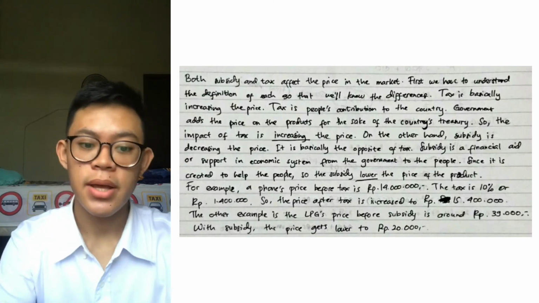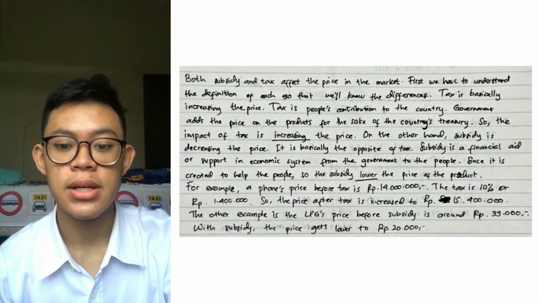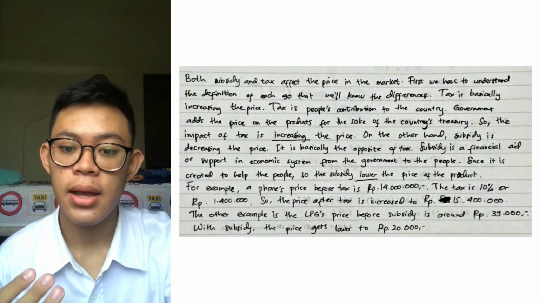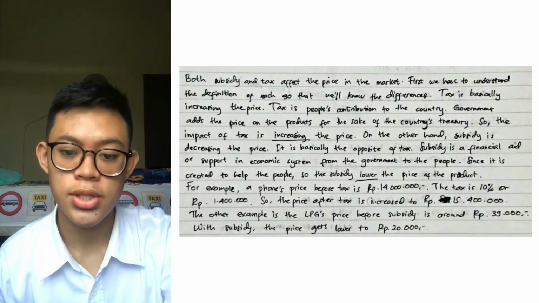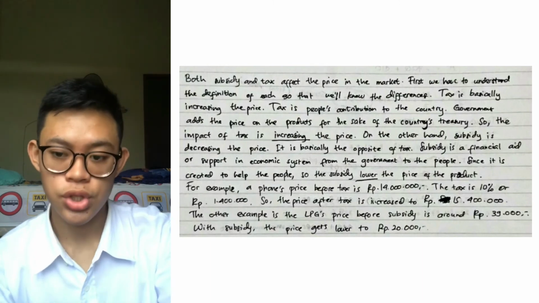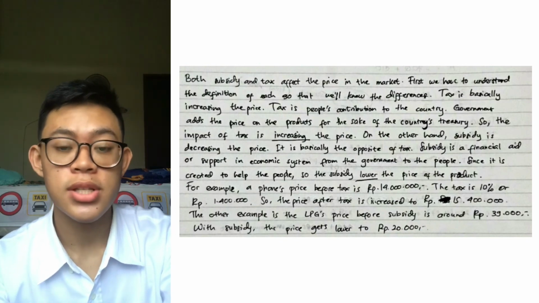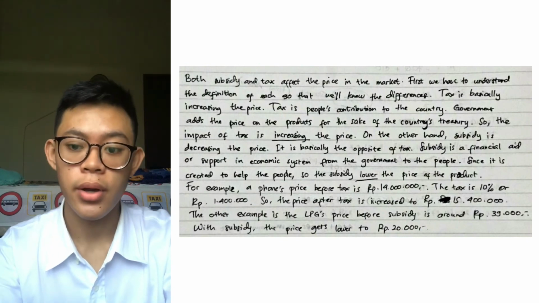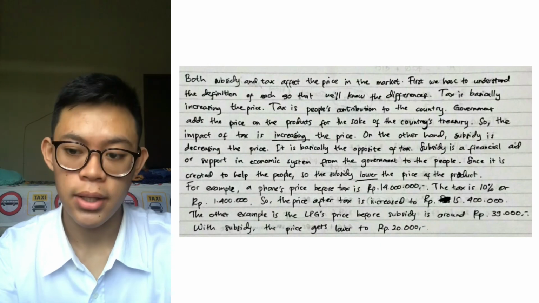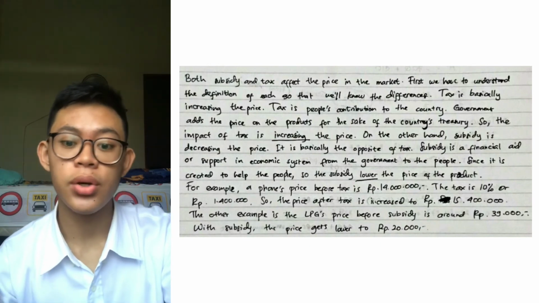The tax is basically increasing the price because tax is actually people's contribution to the country, so people pay money for the country. The government adds the price on the products for the sake of the country's treasury, so it's also for the country's money. So the impact of the tax is increasing the price.